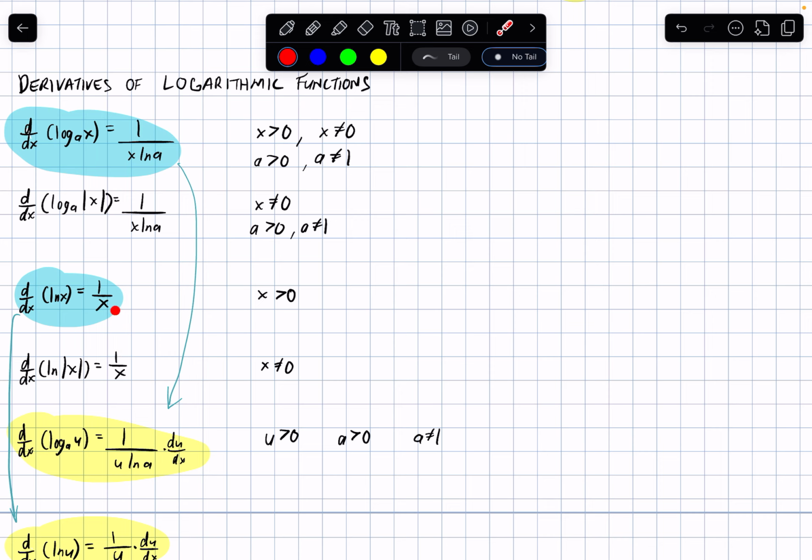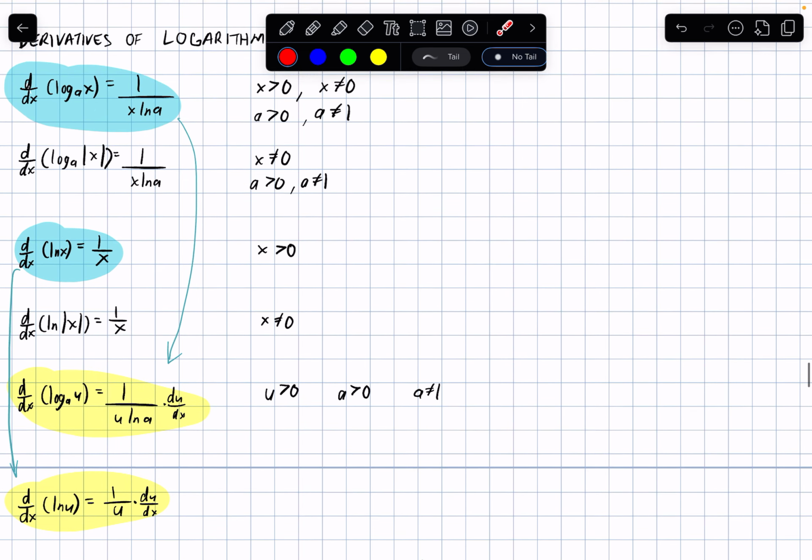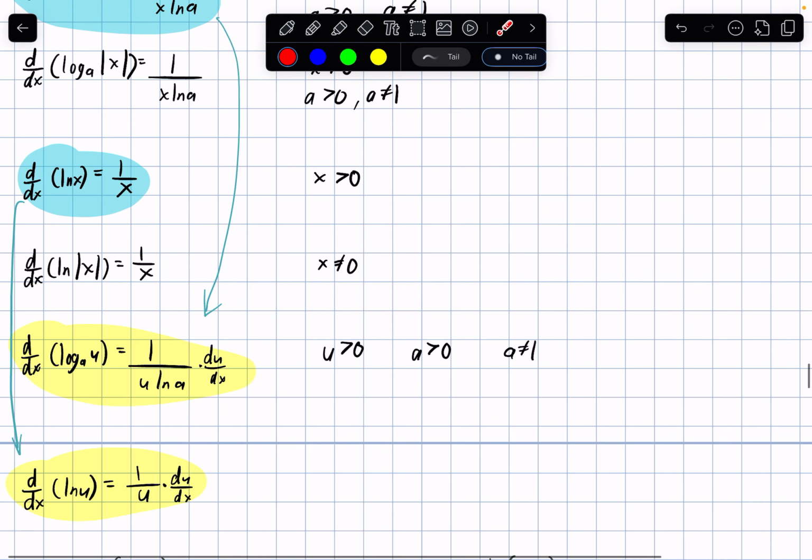The derivative of ln x is also 1 over x. And there will be a time when you'll have to multiply. So it's going to be 1 over u if we have ln u instead. I'm not saying that x and u are different in any way.